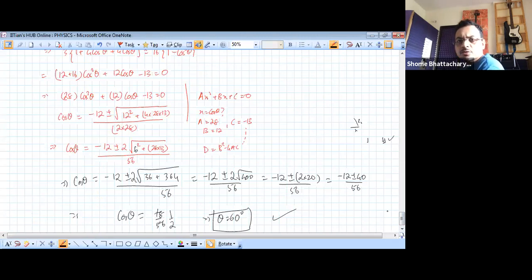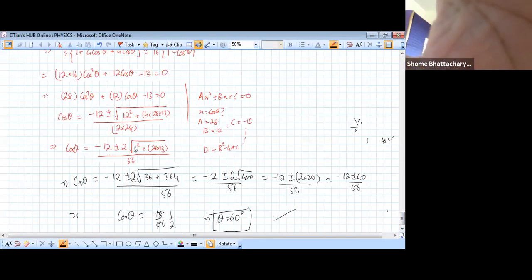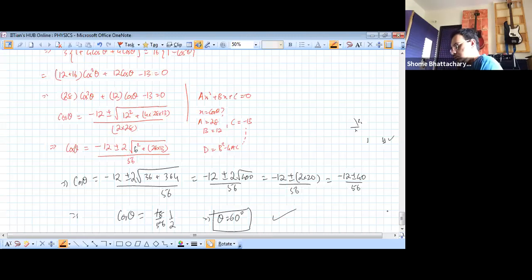So there are few doubts in that. Question 8 and 9. Okay. So go through question 8 and 9 of the first assignment. I'll explain.